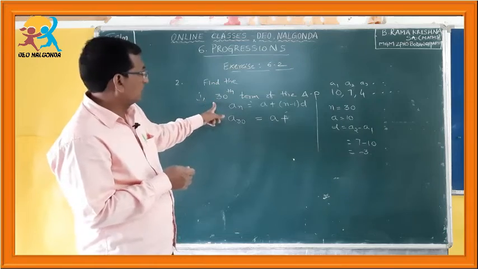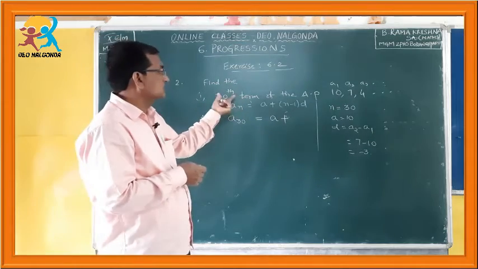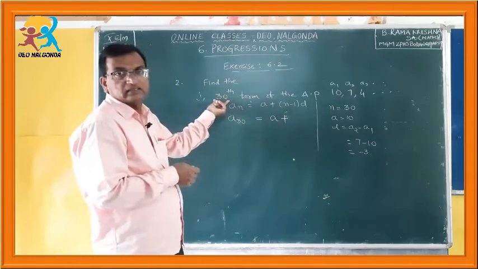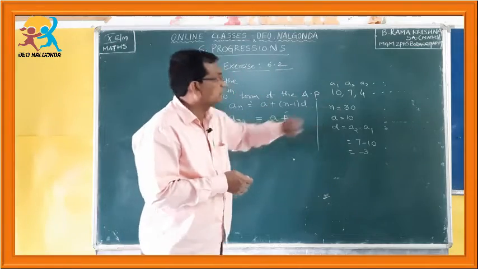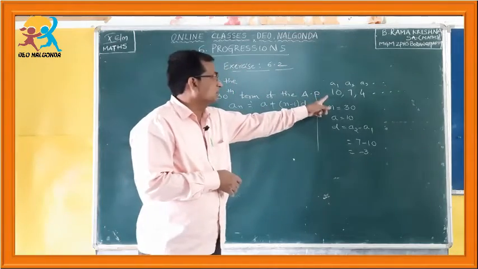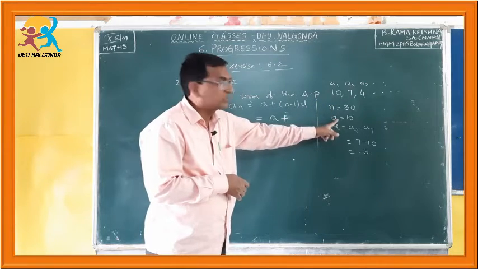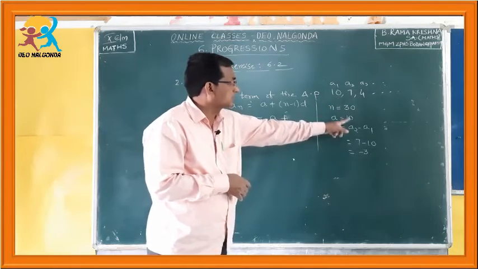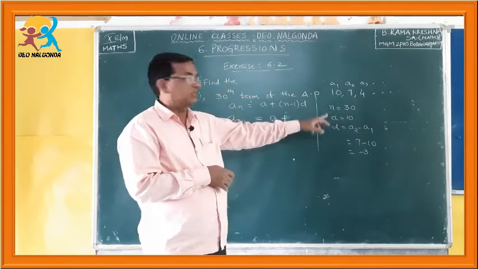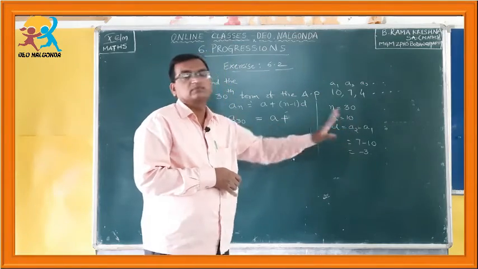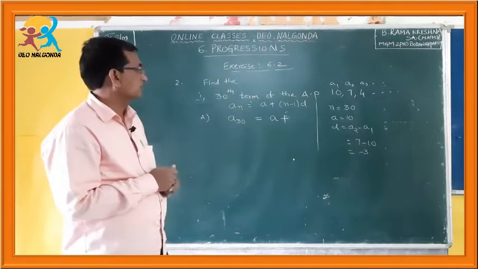From the question, I could write what n is. He is asking us the 30th term, meaning n is equal to 30. The first term in the arithmetic progression is a, given as 10, and we have to find the common difference. D is equal to A2 minus A1. So, that gives us minus 3.